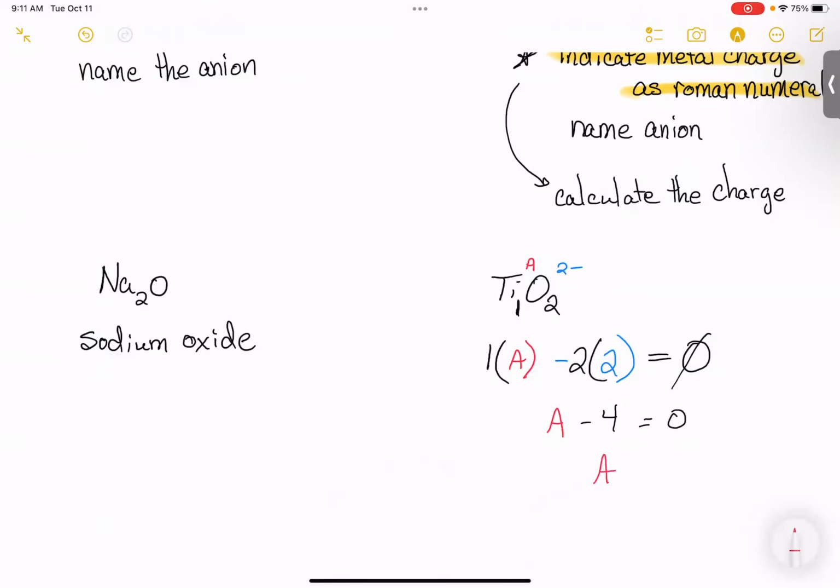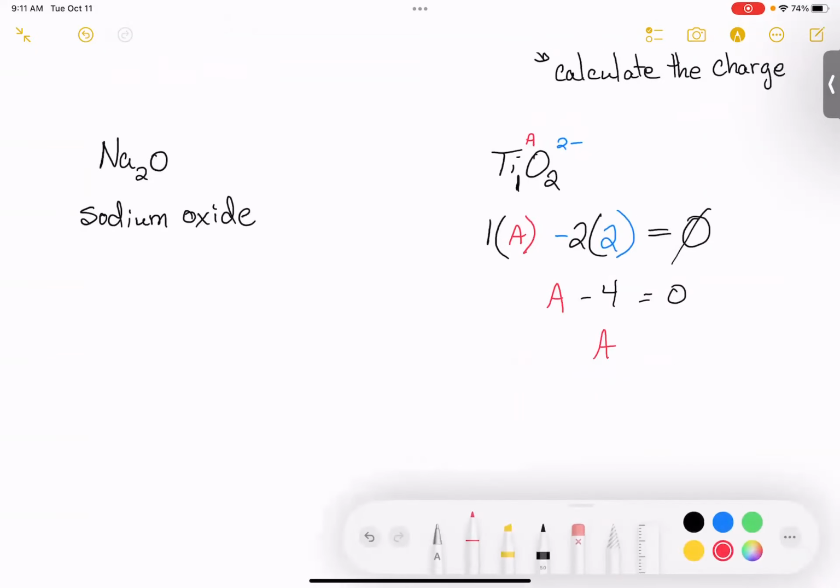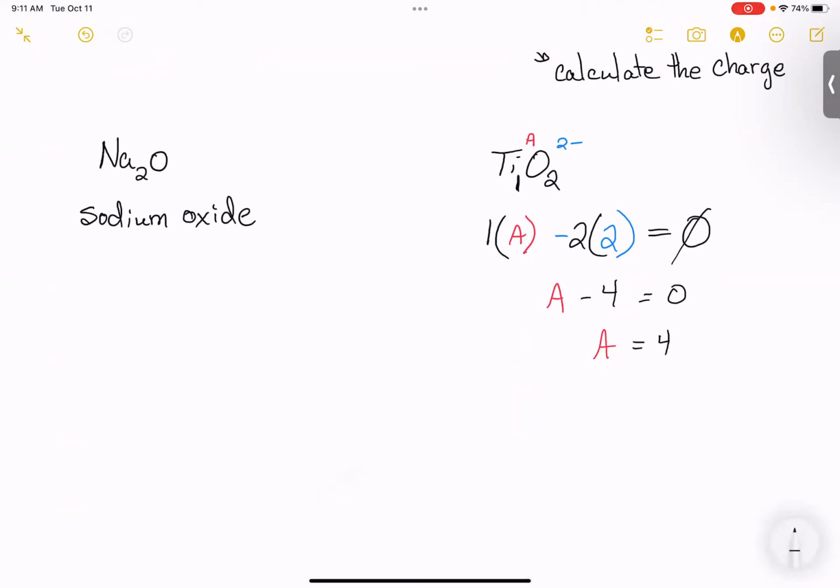A equals 4. So that titanium has a +4 charge. So this would be named titanium(IV) oxide.